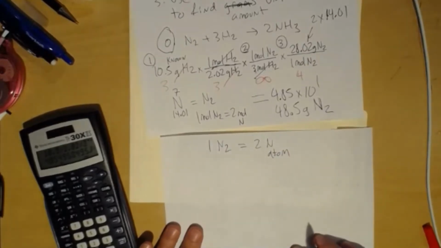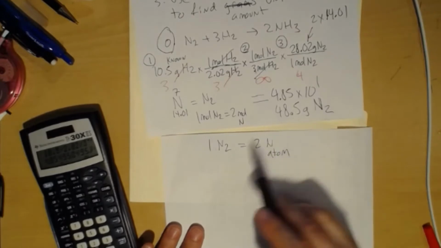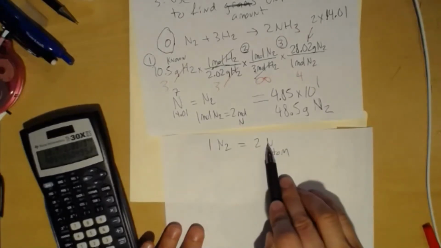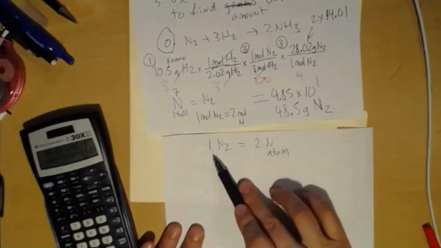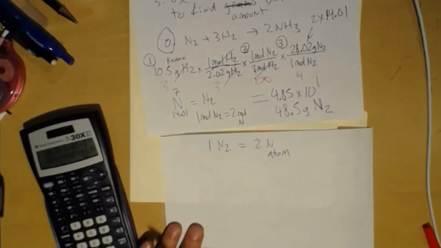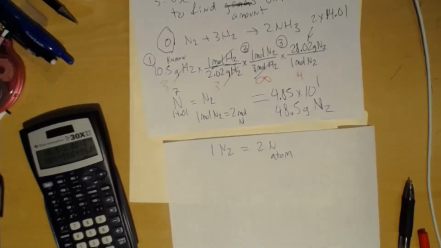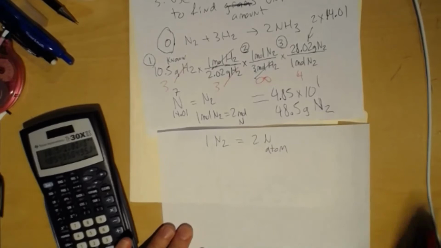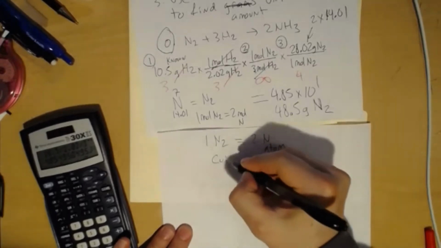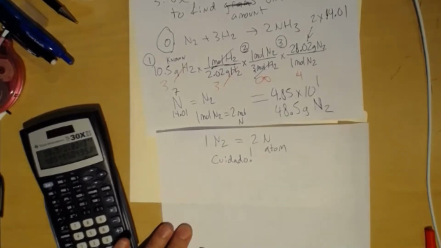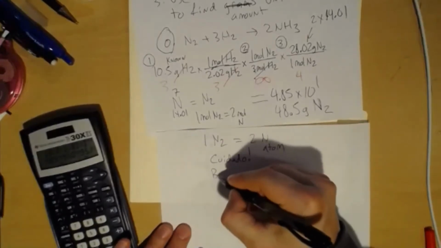Okay, I think it's clear then. And so I could do the same thing. I could multiply this by 100: 100 N2s would have 200 nitrogen atoms. 1 mole of N2 would have 2 moles of nitrogen. Yeah. So be careful, cuidado. Be careful, because that will happen constantly while you're doing these calculations.